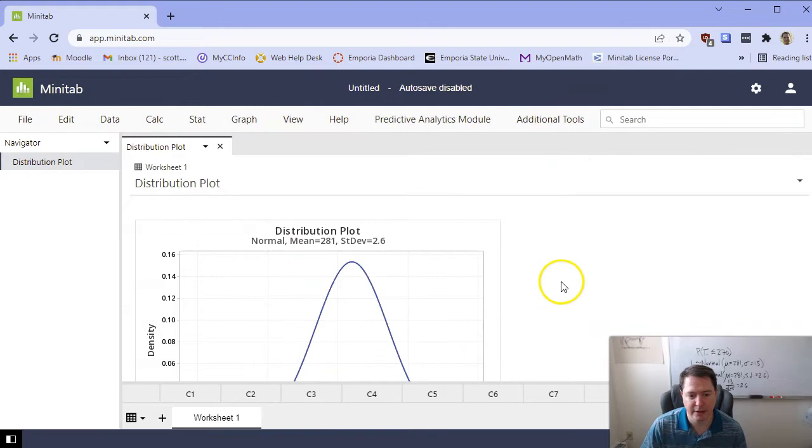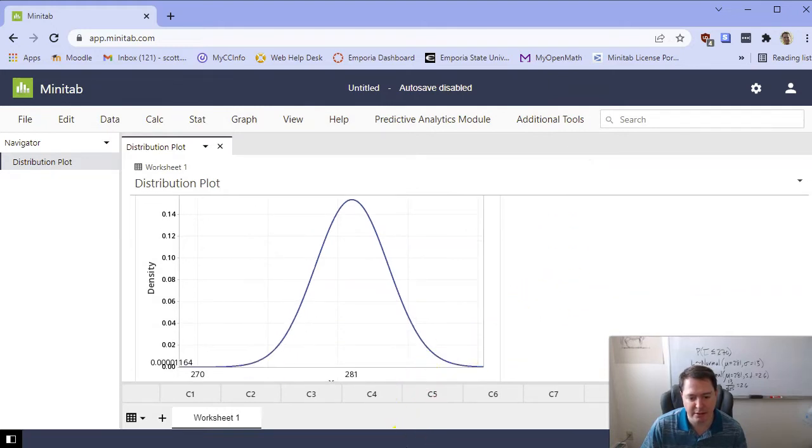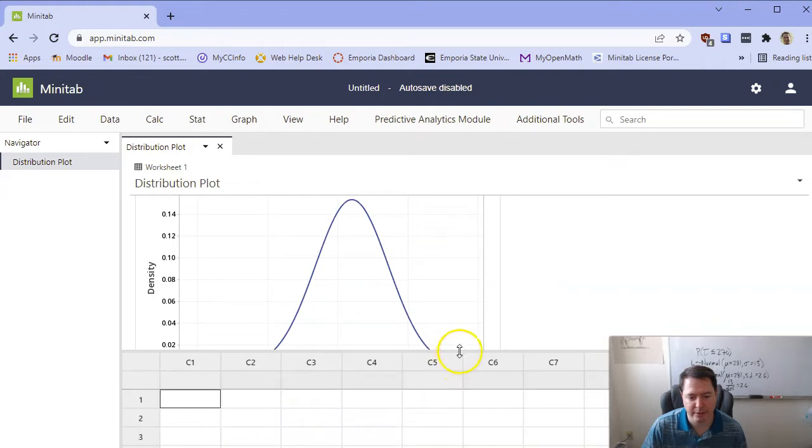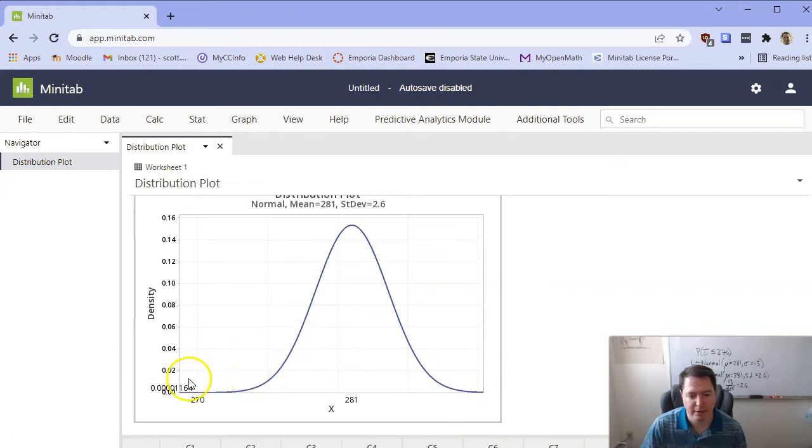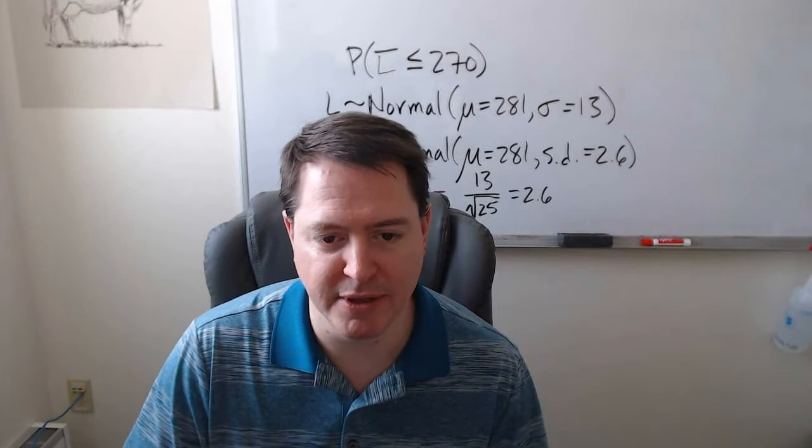And if I look at this here, I see that I've essentially got 0 out to 4 decimal places. So 0.00001. So this would happen about 1 every 100,000 times.